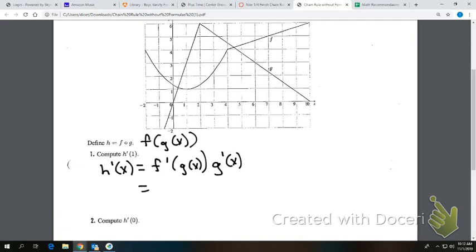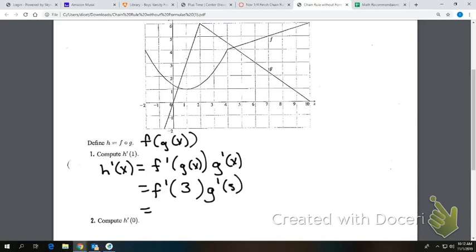Okay? I'm asking you to find h prime at 1. Here we go. Let's find f prime of g of 1. I'm going to write that. F prime of g of 1. Here's g. What's the value at g of 1? 3. So we're going to find f prime of 3 times g prime of 3.